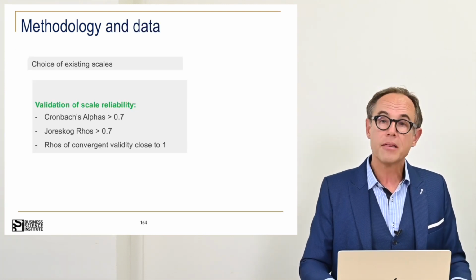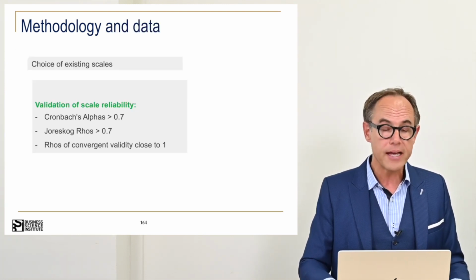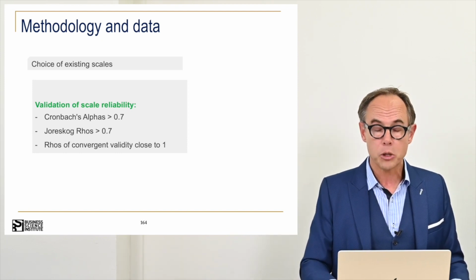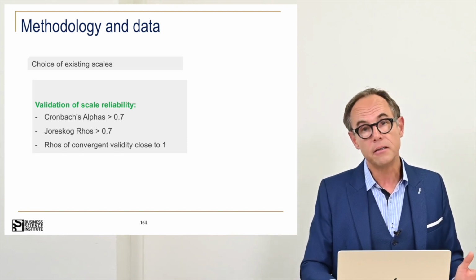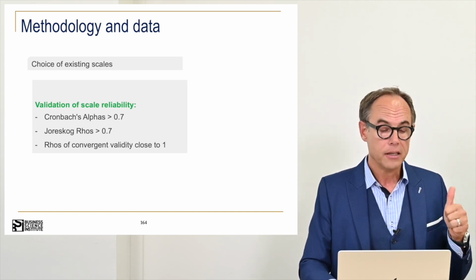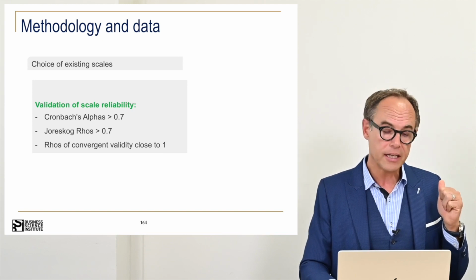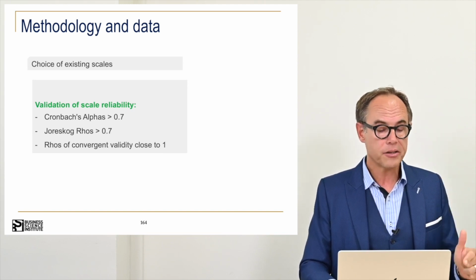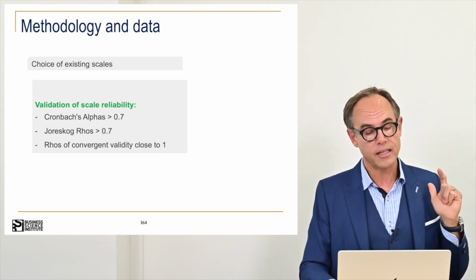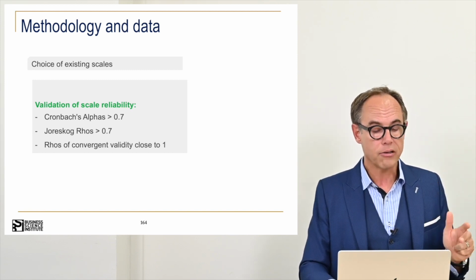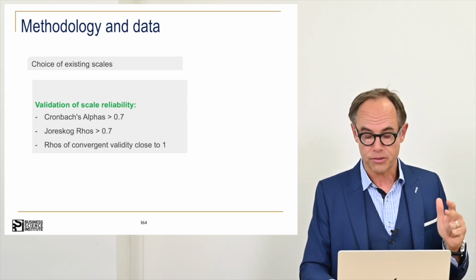We used, as we have already seen, existing scales with satisfactory psychometric indicators, namely Cronbach's alpha higher than 0.7, so indicating high reliability, composite reliability higher than 0.7, indicating high reliability, and high convergent validity because all values are close to 1.